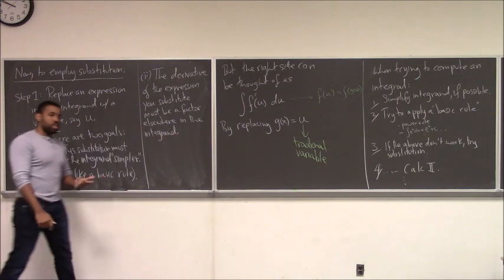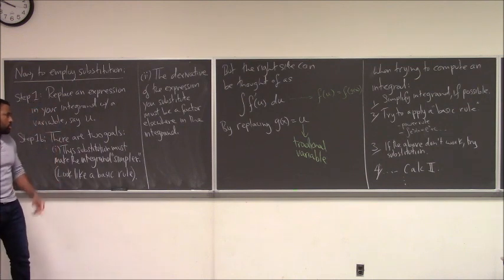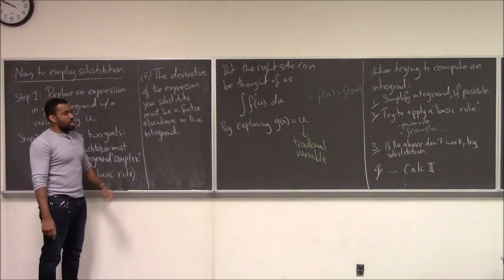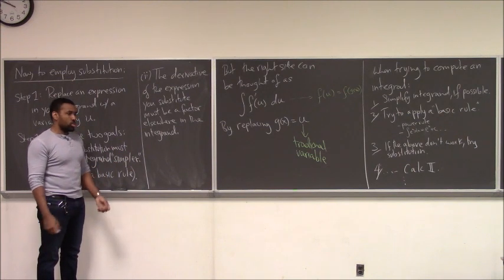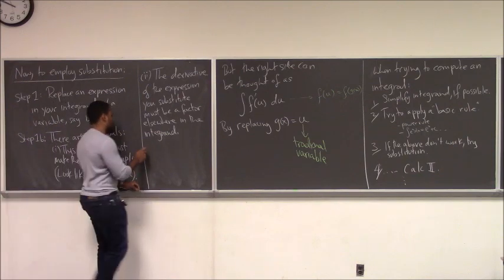Your substitution is you replacing the g, but there's going to be a g prime part of that integral that you need to also replace. So once you take the derivative of that g, which we're calling u, you must be able to find its derivative as a factor elsewhere in the integral. The derivative must be multiplying the integrand somewhere else.